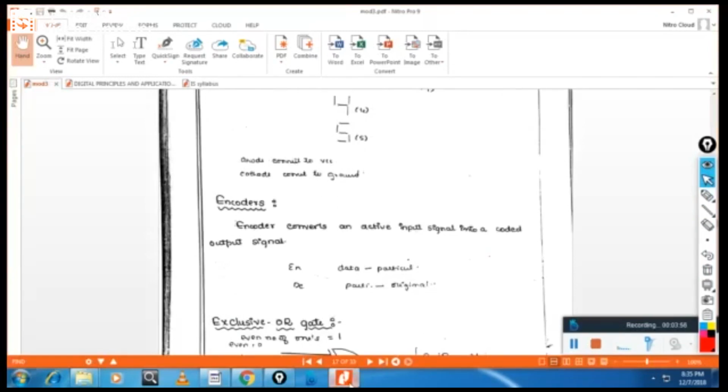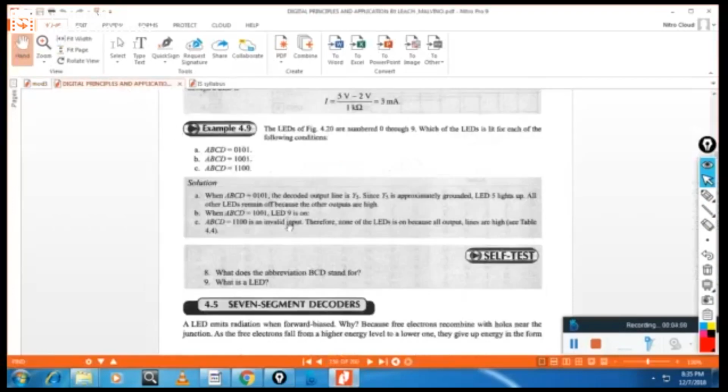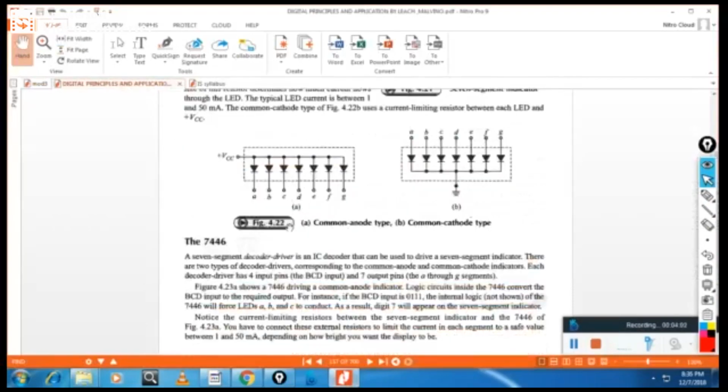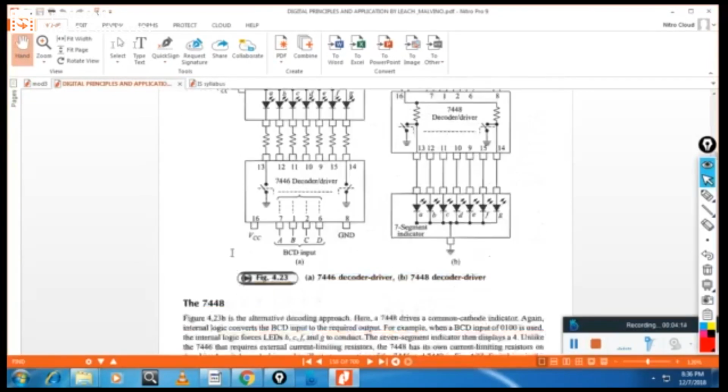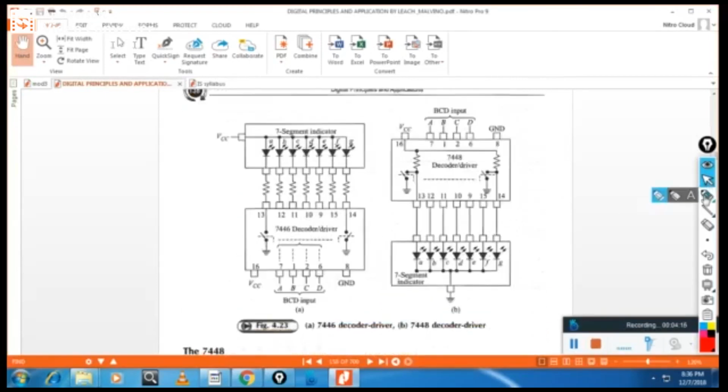So now we will see the diagram from the Digital Principles and Applications book. You can see here the diagram. This is called common anode, where the anode is connected to VCC, and this is called common cathode. And we have 2 ICs, one is 7446, the other one is 7447, and you can see here this is the common anode and this is the common cathode type, and how it is connected. This is the 7 segment indicator, and this is the 7446 decoder driver IC.